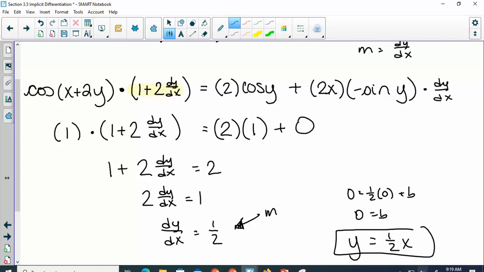I want you guys to try a problem. What questions do you have for me on this one? So really, it's the same thing, but every time you do a derivative with a y, you have to write dy dx with it. And that's the only change. Why don't you guys try example 5?